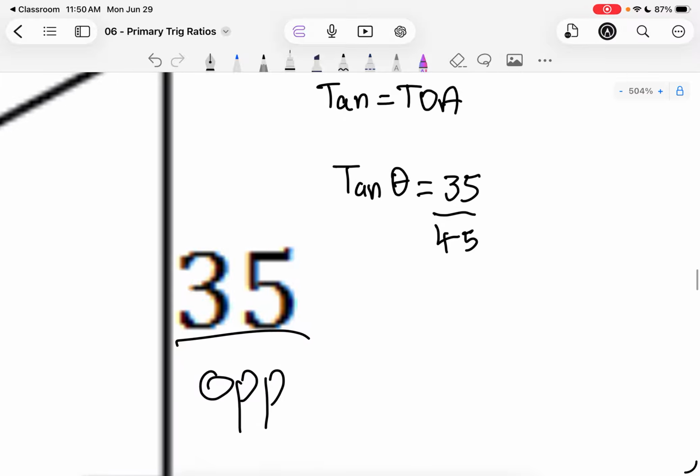We will have to do tan inverse. So theta equals tan negative 1 of, I'll just simplify, but you don't have to, 7 over 9.